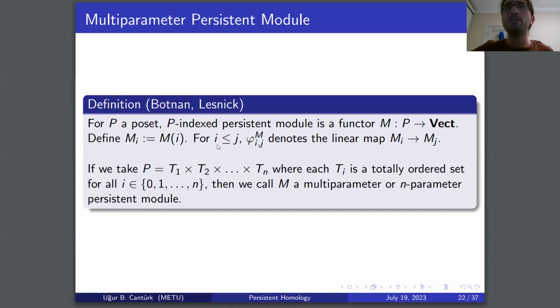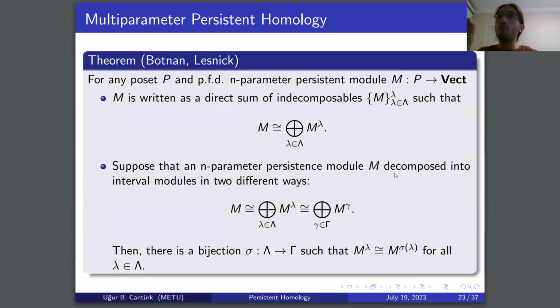And here, for each i smaller than or equal to j, the map phi is just a linear map from M_i to M_j. And again, if you take each T_i as a totally ordered set, you call it a multiparameter or n-parameter persistent module.